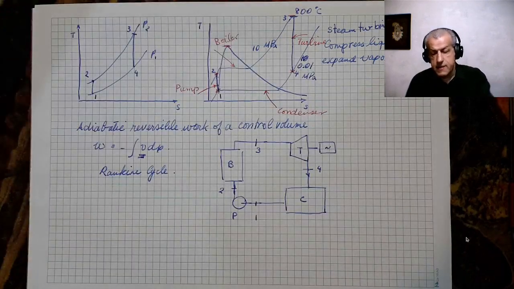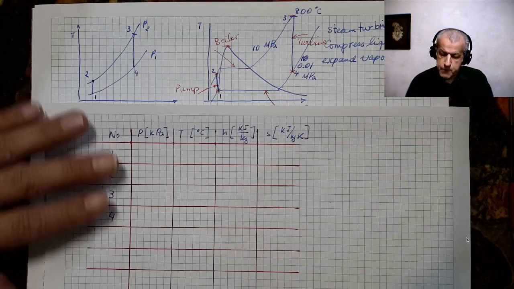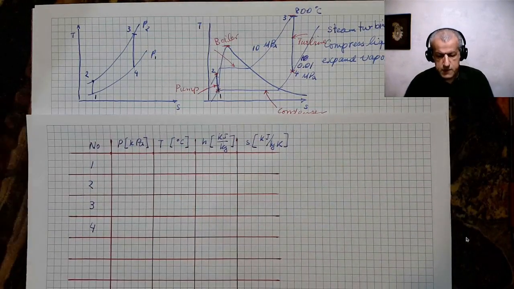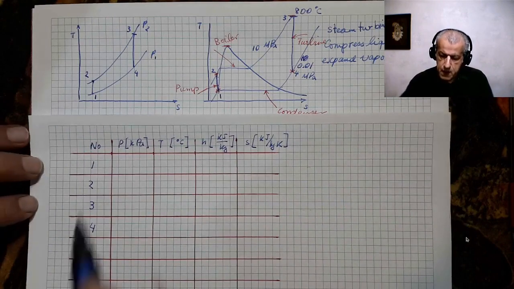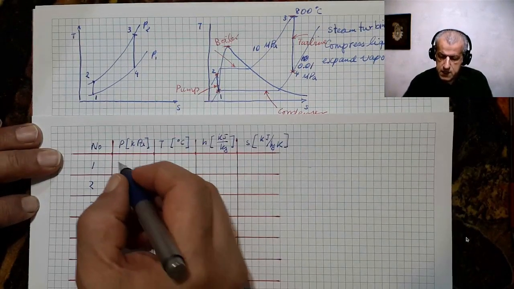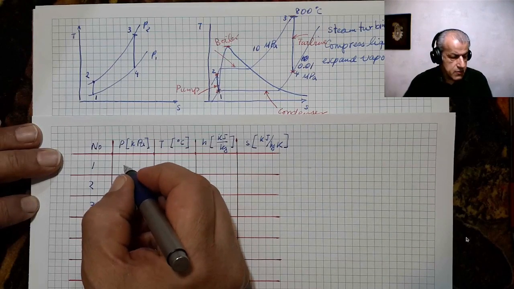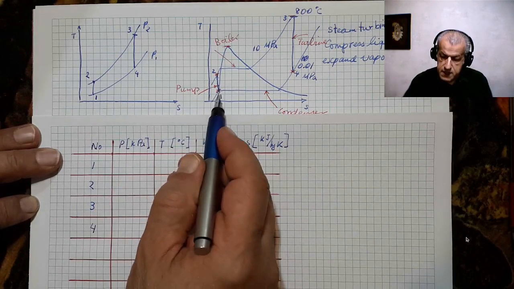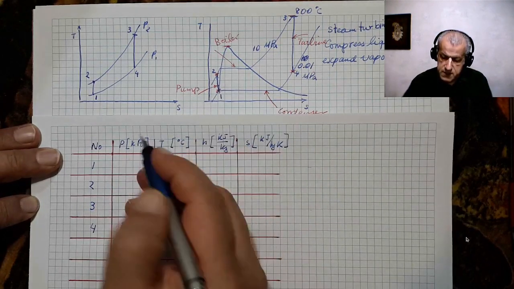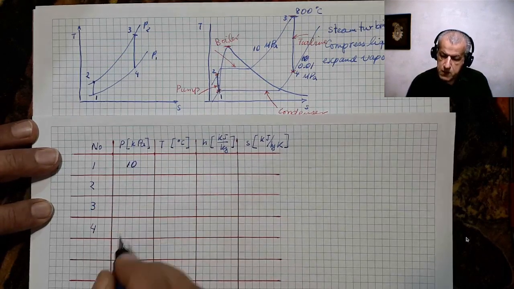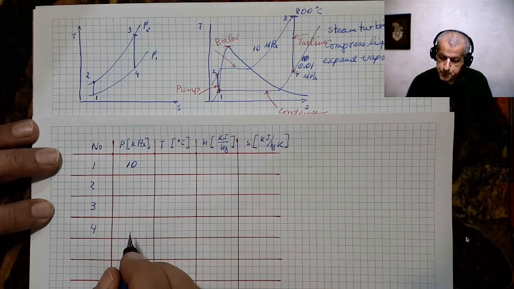Now, let's see what we have in this table and what we don't have. For point 1, we know that the pressure is 10 kilopascals, because it is 0.01 megapascals and therefore 0.01 is 10 kilopascals.